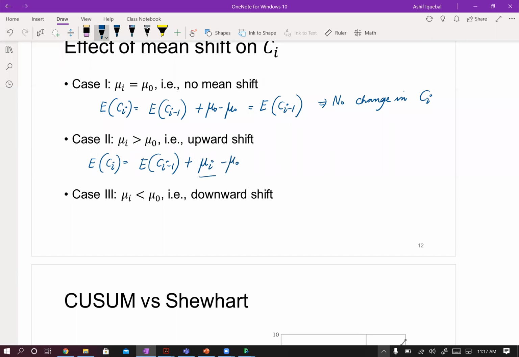Since mu I is greater than mu naught, I can say that expected value of Ci is greater than expected value of Ci minus 1, right? In this case, Ci will start to drift upwards.